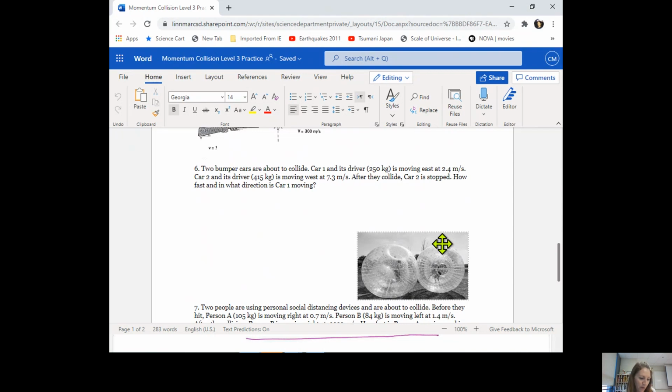All we are going to do real quick is identify whether that is an elastic or inelastic collision. So because car 2 is stopped at the end and you're asked to identify the velocity of car 1, you have an elastic collision.